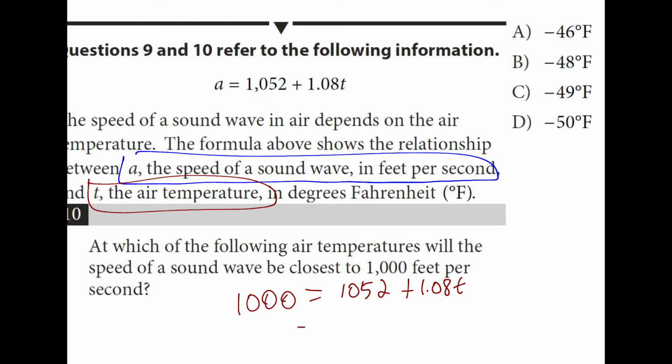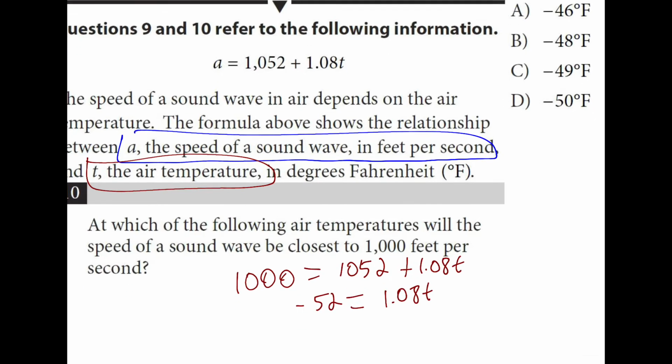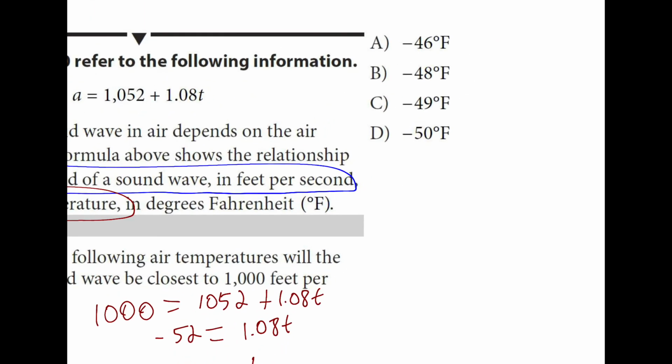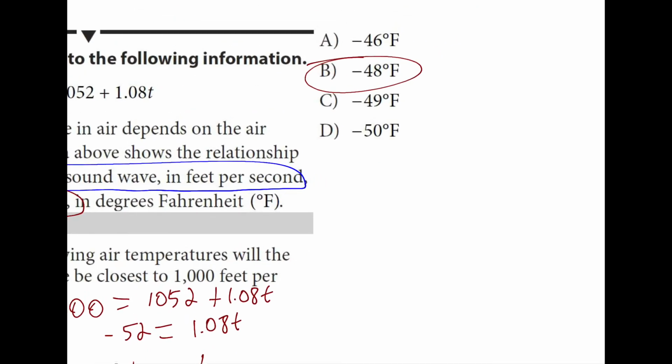But if we were to subtract, we'd get negative 52 after subtracting 1052 from both sides. This is equal to 1.08 T. If we divide both sides by 1.08, we get that T is equal to 48.1. That's closest to this one. And that should be a negative 48.1, by the way.